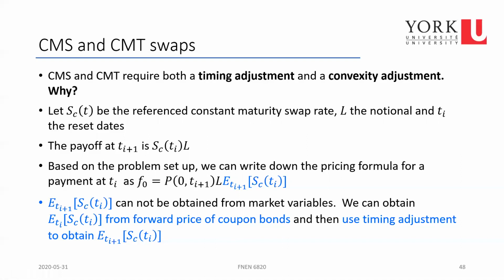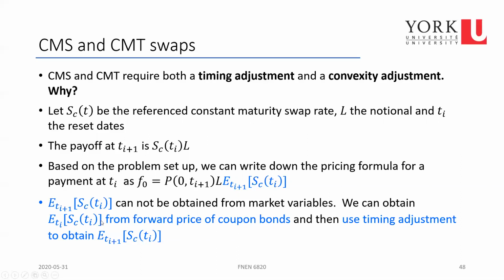So you do have the forward price of the coupon bond. Actually, from the forward price of the coupon bond, you get the implied yield, and that yield is this thing here.